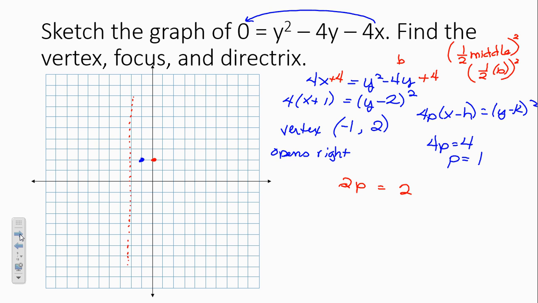2. Okay? That means we're going to go 2 units from your focus. 2 units down, 2 units up, and this is how your parabola is going to open.